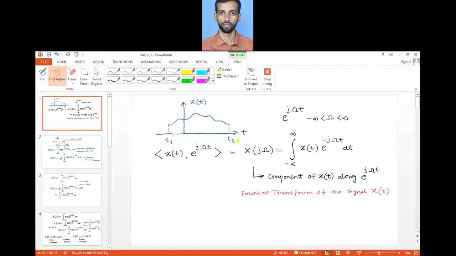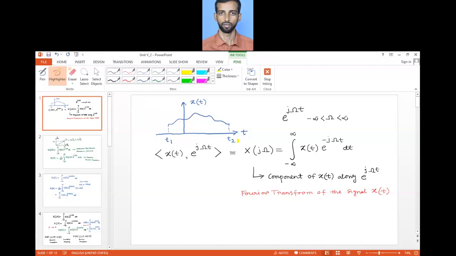For example, we started with e to the power j omega naught t, and then we obtained the higher order harmonics like e to the power j twice omega naught t, e to the power j thrice omega naught t, e to the power j 4 times omega naught t, and so on and so forth. So these are the different signals, and the presence of those signals in the actual periodic signal we have also obtained.